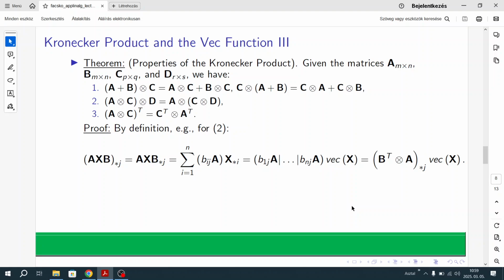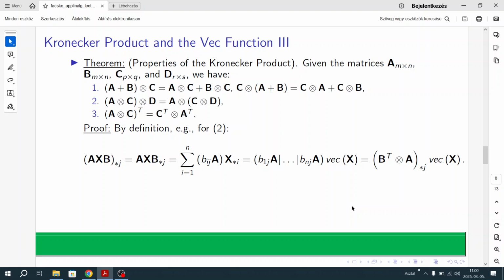The size of A and B are the same. The others are not so important. First of all, this operation is distributive. A matrix plus B matrix, Kronecker product C matrix, can be distributed in this way, just calculating the first and the second. And this is true for both sides.